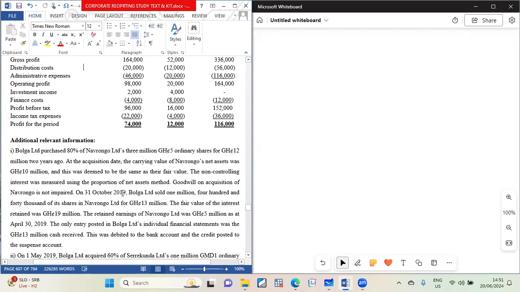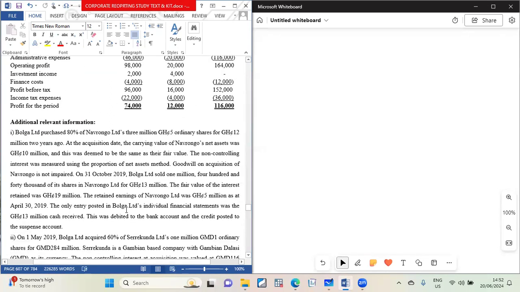Then in October 2019, Bolga Limited sold 1,440,000 of its shares in Navrongo for 30 million.